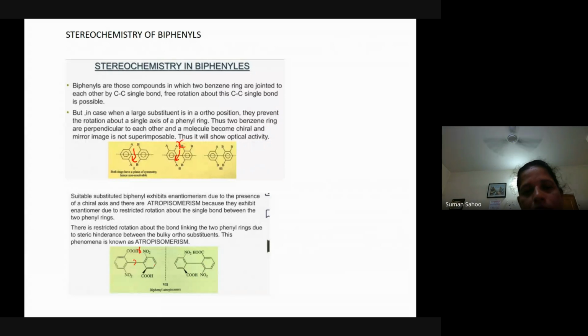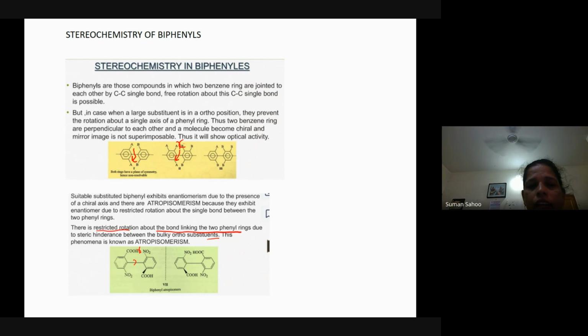This type of isomerism, which results from the restricted rotation about the bond linking the two phenyl rings due to steric hindrance between the bulky ortho substituents, is known as atropisomerism. Normal biphenyls do not have stereoisomers because they can be rotated easily.